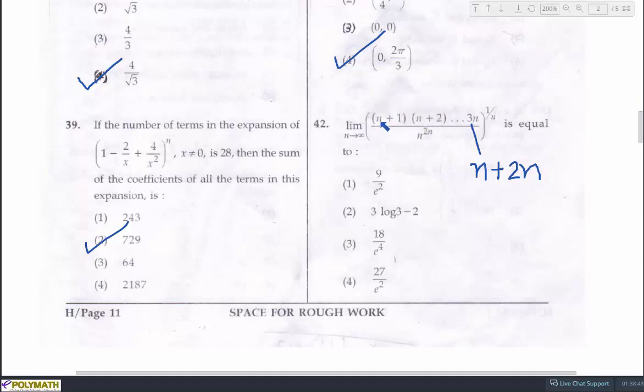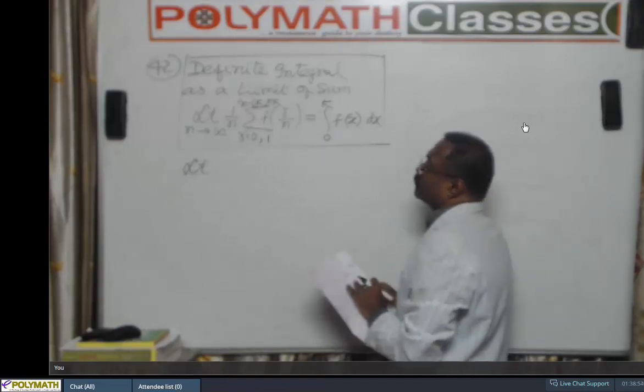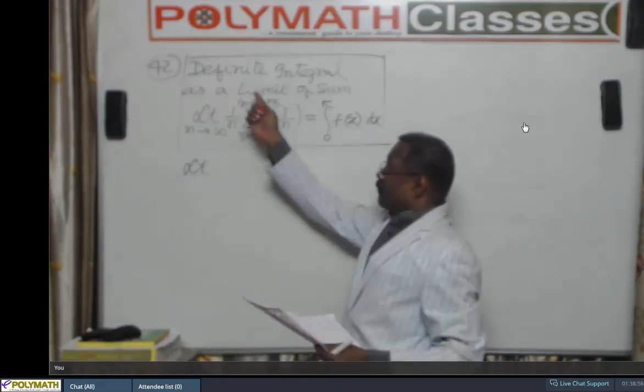You can split it: n plus 1 by n is 1 plus 1 by n. So let us see how it can be converted to the form of this.